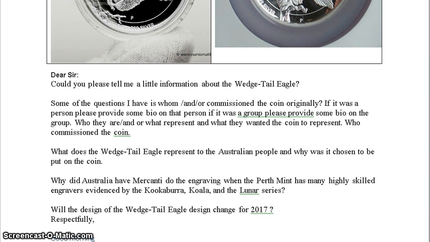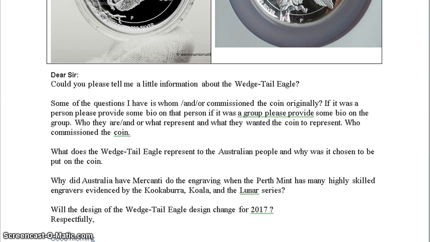Their assessment of this coin, in regards to why John Mercanti did the work, I heard rumors that the Perth Mint designers were good at doing their own designs for koalas and kookaburras and stuff like that, but when it came to an eagle, the Perth Mint felt that nobody was good enough to make one.